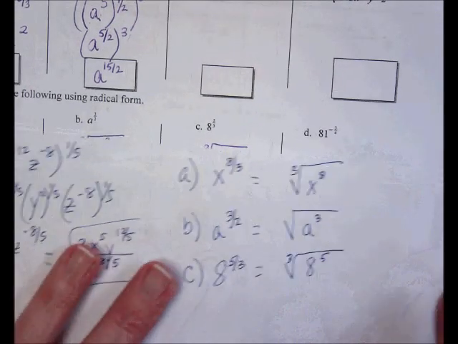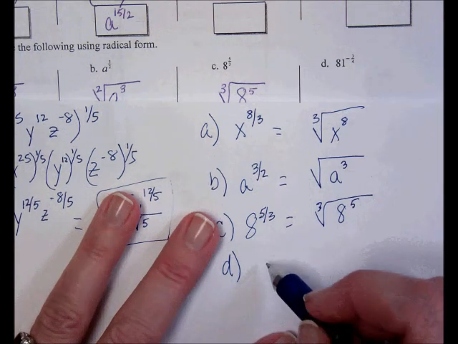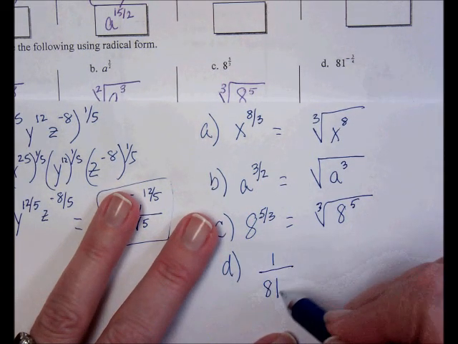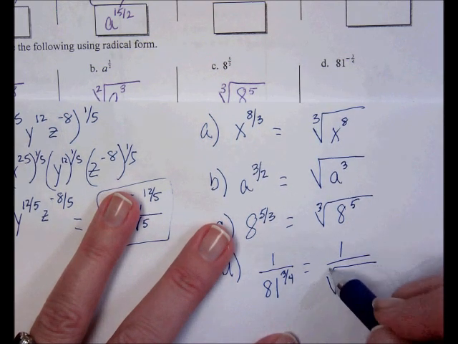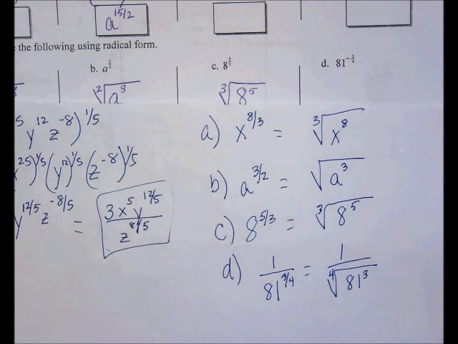And then the last one is D, and I'm going to have to put it over 1, 3/4, and so it's 1 over the 4th root of 81 to the 3rd power. So you can kind of think of it in that form.